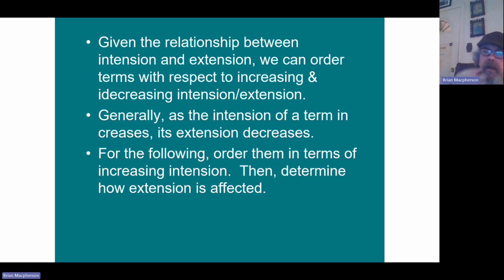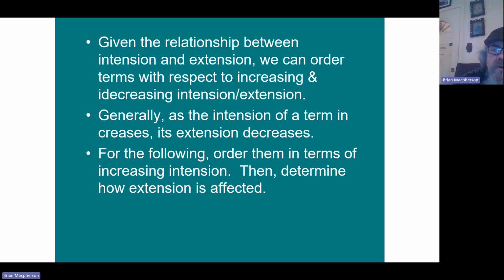So I could say the extension of triangle is much broader than the extension of an equilateral triangle. An equilateral triangle not just has three sides, but the three sides are equal. In that case, equilateral triangles are a lesser class than triangles generally, because of course triangles can be of different types.